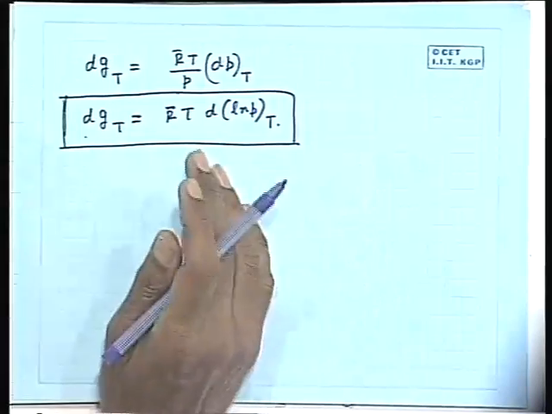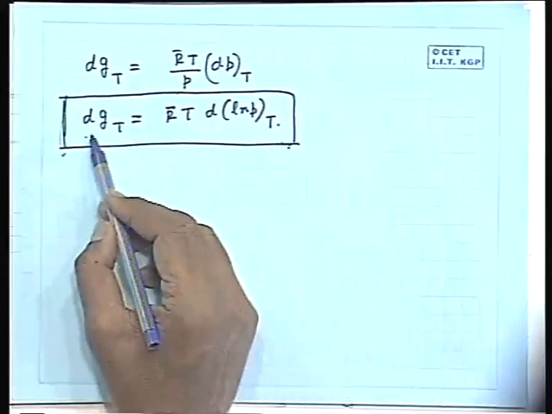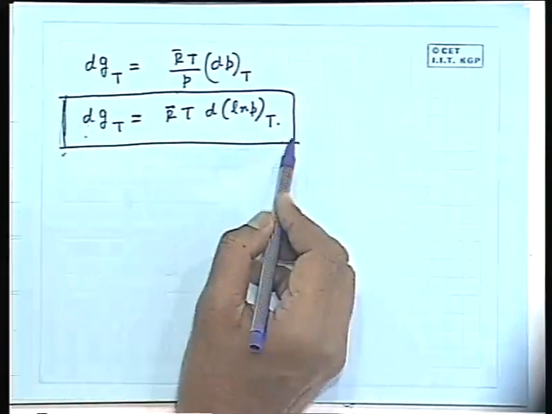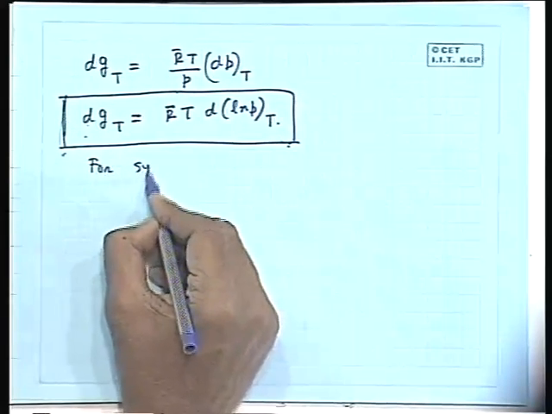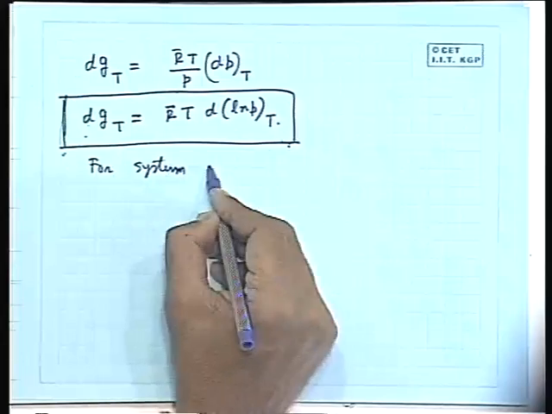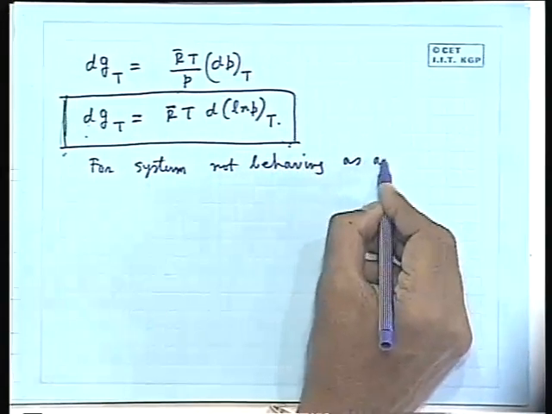Now it has been seen that in many thermodynamic relationships with multi-component systems, it is very important to retain this functional form, and it has been shown that this functional form has to be retained in many applications, even for a system not behaving as an ideal gas.